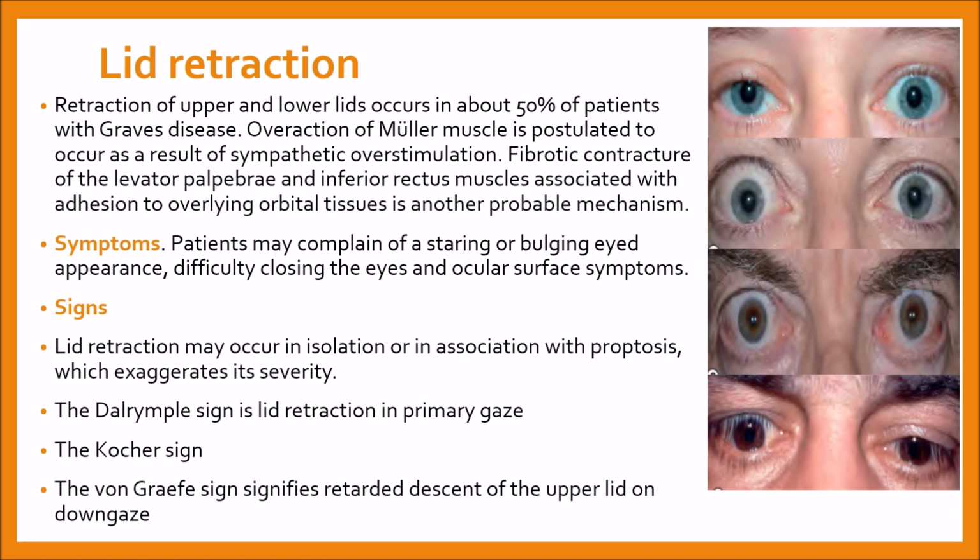Overaction of Muller's muscle is postulated to occur as a result of sympathetic overstimulation secondary to high levels of thyroid hormones. Fibrotic contracture of the levator palpebrae and inferior rectus muscle associated with adhesion to overlying orbital tissue is another probable mechanism, together with secondary overaction in response to hypo or hypertropia produced by fibrosis.